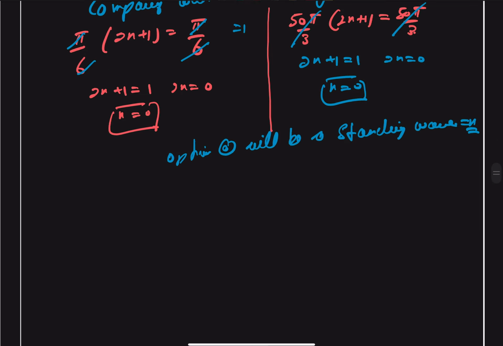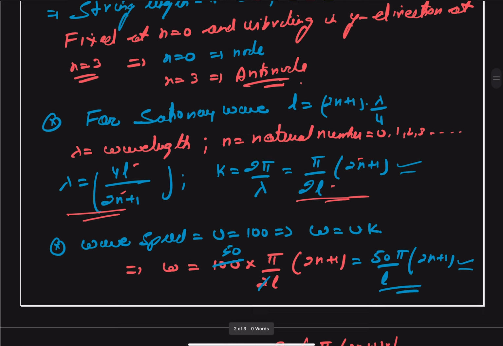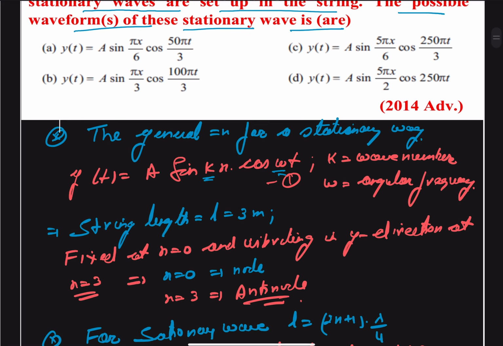Now let's try for option B. Option B is given as 5 pi by 3 and 100 pi by 3.